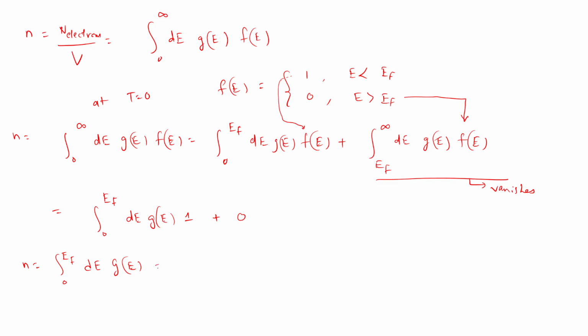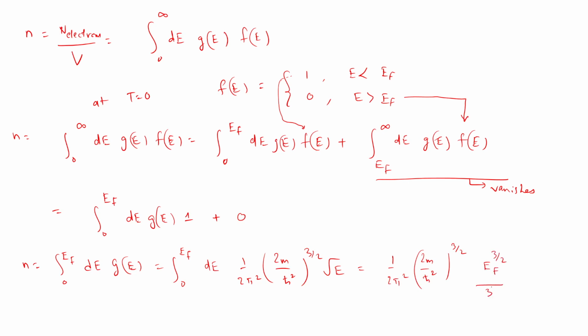Now we put in the expression for G(E) in the integral from 0 to EF. G(E) is 1 over 2 pi squared, times 2m over h bar squared to the power 3 by 2, times square root of E. Since it is square root of E, we can take all the constants out: 1 over 2 pi squared, 2m over h bar squared to the power 3 by 2, and EF to the power 3 by 2 over 3 by 2.